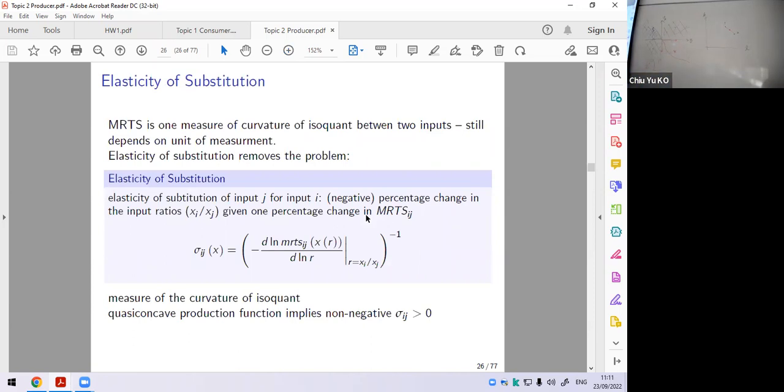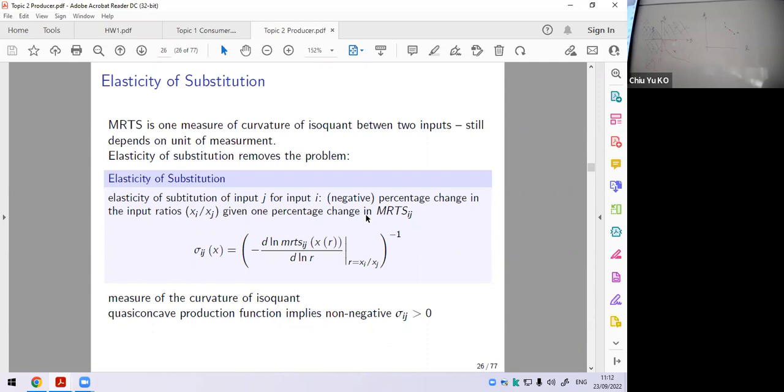This one is very technical. I think we also mentioned this is the elasticity of substitution. I think that is a little bit complicated. So what it is: here is a derivative, and you have to invert it. You can see it's very complicated.